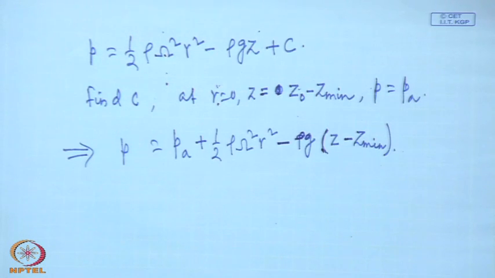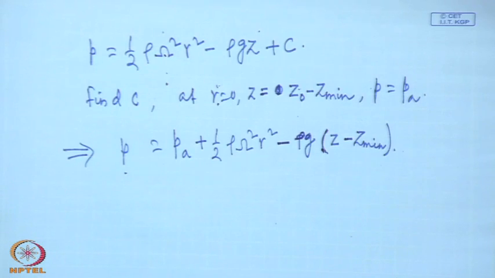So, even z 0 when you substitute in actual coordinates, you should consider it in the negative sense.